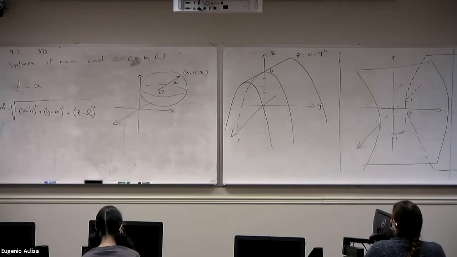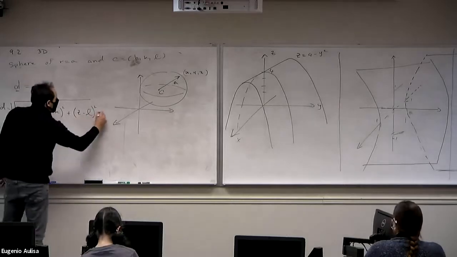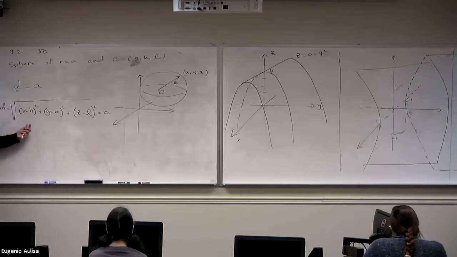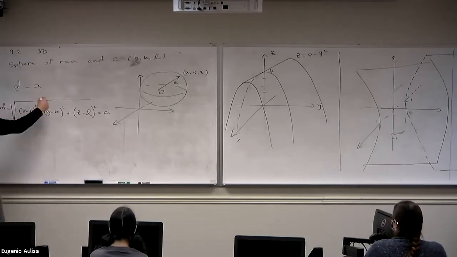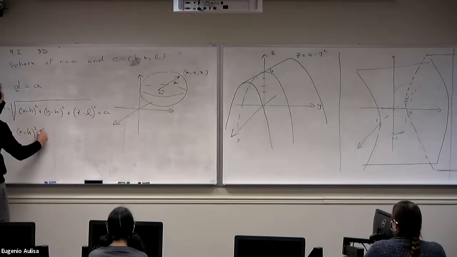Agree? So this is the distance formula. We know that this distance should be equal to a positive number, clearly. So we don't like the square root on the left. What we do is square the left-hand side and right-hand side, and we get our equation.